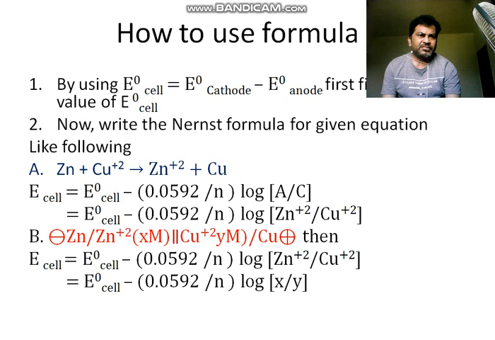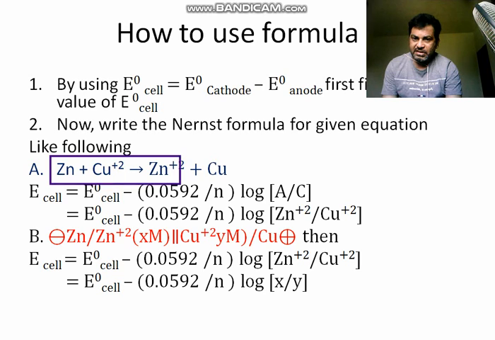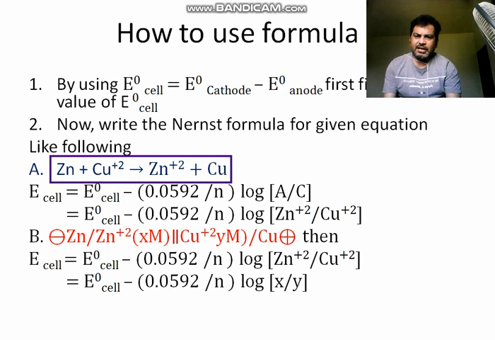See, in this case just an illustration is given. In this illustration you are given the reaction. Here zinc and copper are a combination, and in this combination zinc is behaving as anode and copper is behaving as cathode.